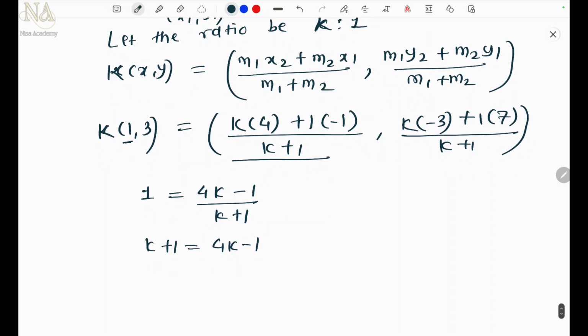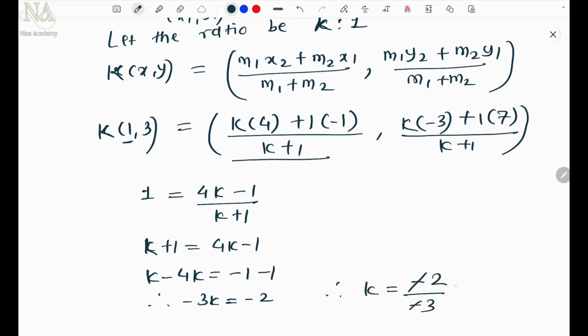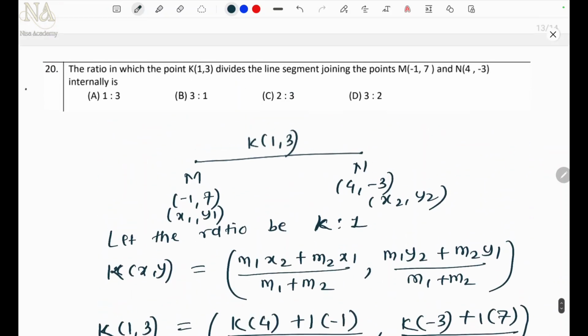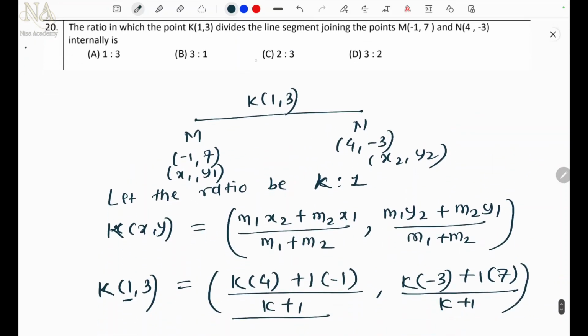So K minus 4K is equal to minus 1 minus 1. Therefore minus 3K equal to minus 2, so K will be equal to minus 2 upon minus 3, which is 2 by 3. So yes, 2 is to 3. The option is C.